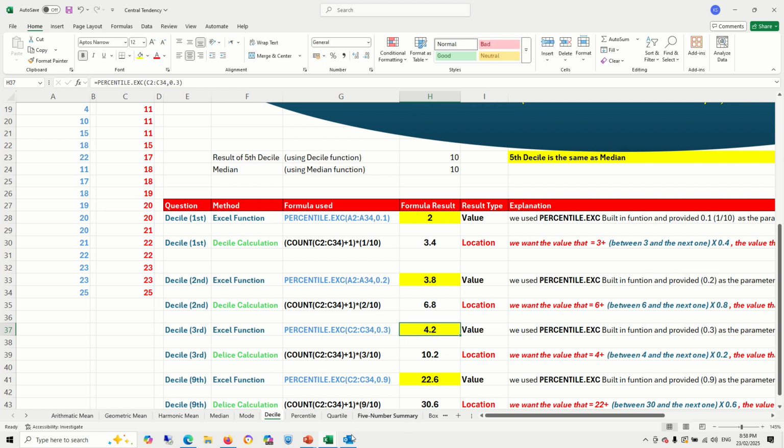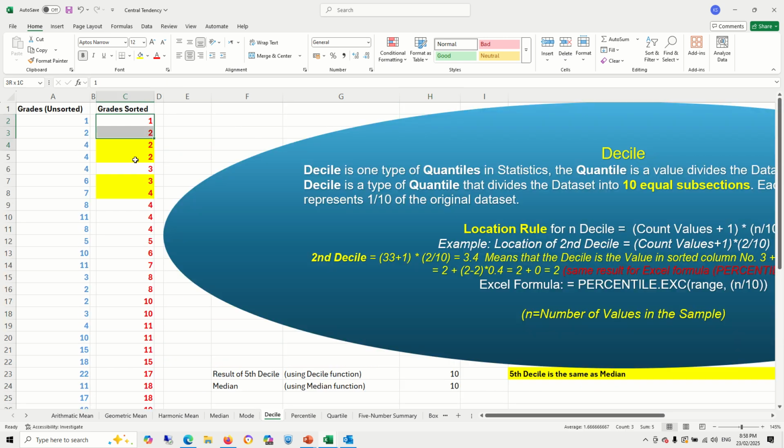Then let us calculate using the percentile formula. It will give us the location 10.2. Then when we go to this 10, this is the 10, it is 4, the next one is 5.